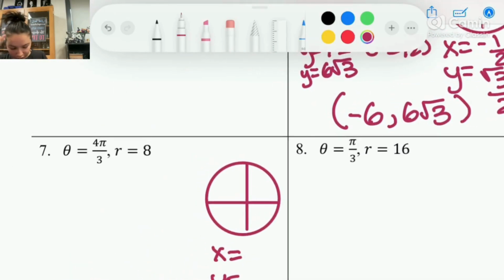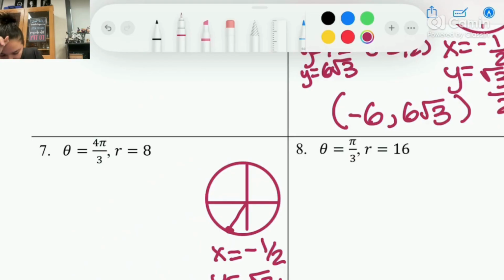For question number 7, the x value for 4 pi over 3 would be negative 1/2. y would be negative square root of 3 over 2, because 4 pi over 3 is about here.